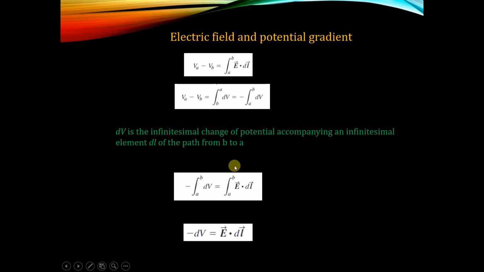Now since the integral limits are the same, A to B, we can write minus dV is equal to E dot dl. Both E and dl are vectors, so let's represent them like this.